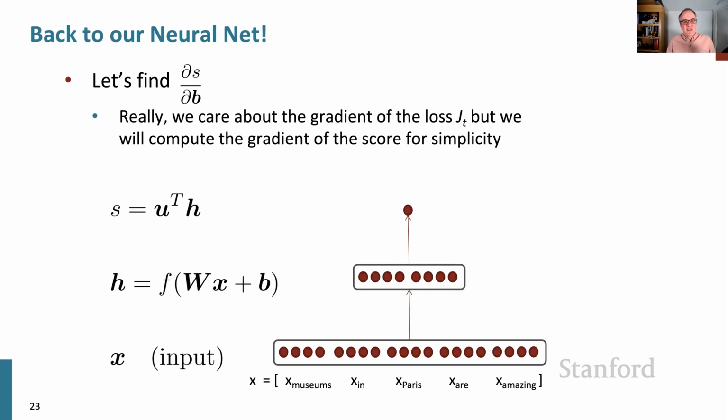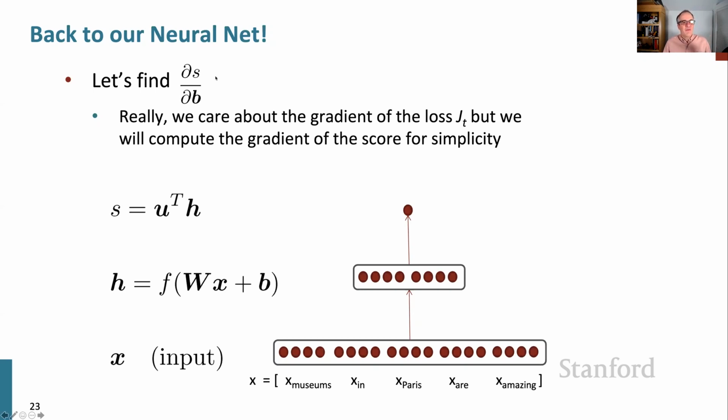So we're going to just work out the partial derivative of the score S, which is a real number, with respect to the different parameters of this model, where the parameters are the W, the B and the U, and also the input, because we can update the word vectors of different words based on tuning them to better predict the classification outputs that we desire.